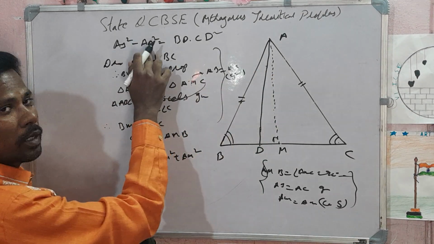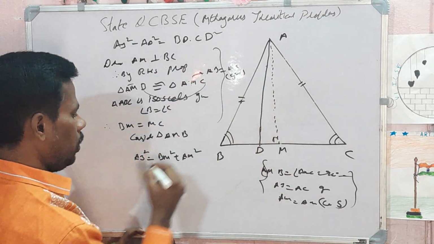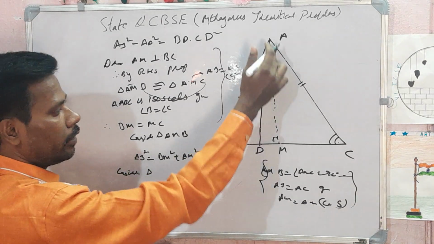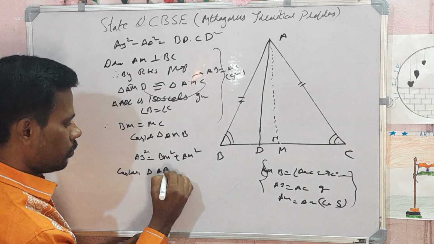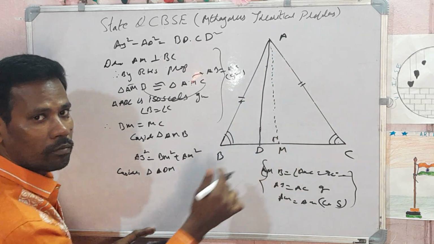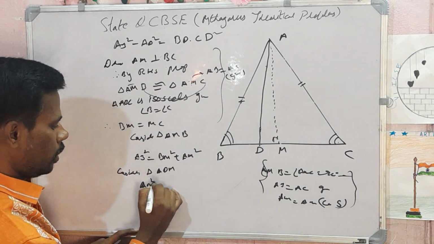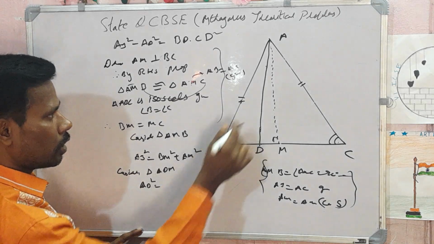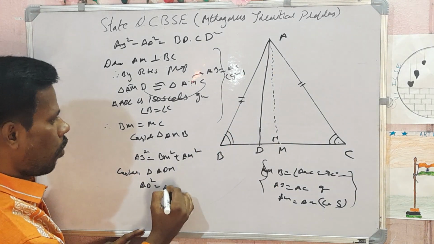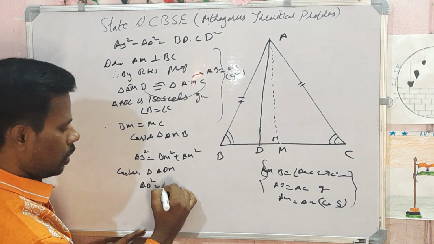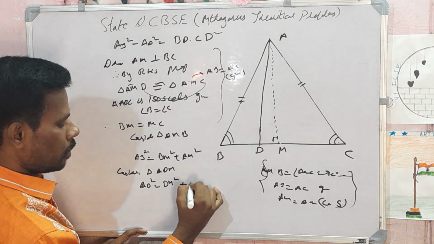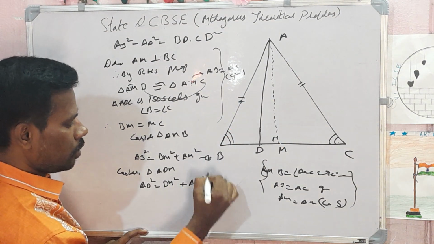Again, here AB square minus AD square. Now consider triangle ADM. AD square is equal to the square on the hypotenuse, which is the sum of squares on the other two sides. Mark this as 1 and this as 2.